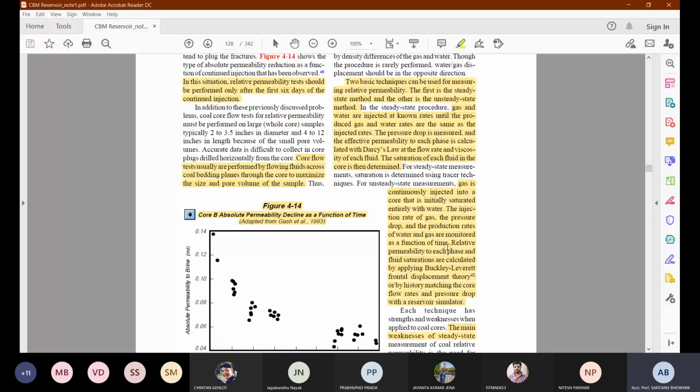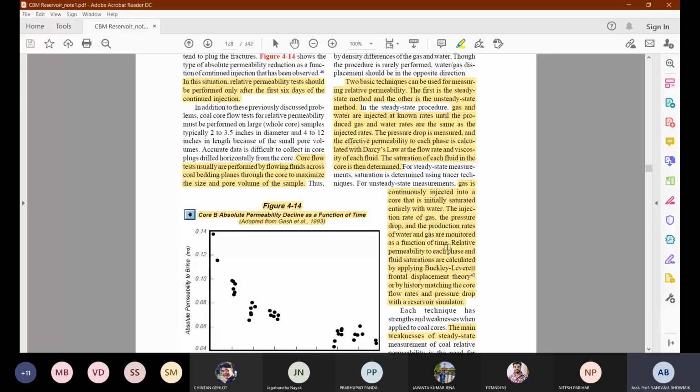So you measure at the outlet the gas production, the water production, and the pressure drop. Then with this pressure drop and the volume, you put it into Darcy flow, and obviously you will be able to calculate the relative permeability. Here all the permeability you calculate is the relative permeability, because you get the two effective permeabilities directly, and then relative permeability is the effective divided by the absolute permeability.